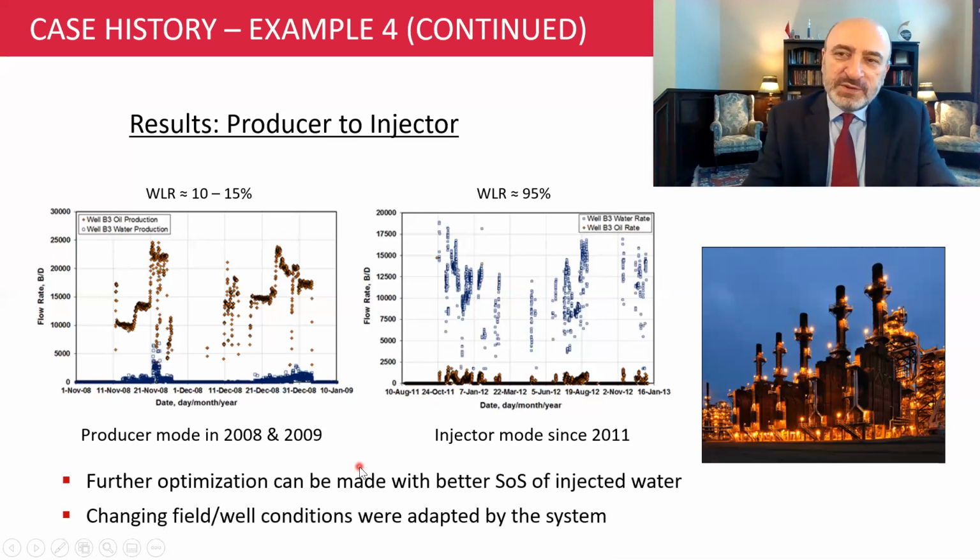It was also possible to optimize the system, especially the speed of sound of the water and also the speed of sound of the oil. It is possible to optimize that as well. And this will be a subject of another case history that we will discuss in a later section.